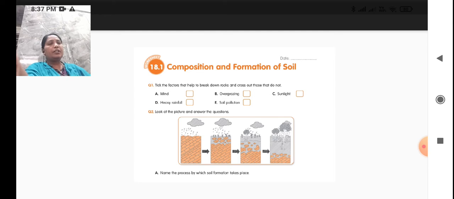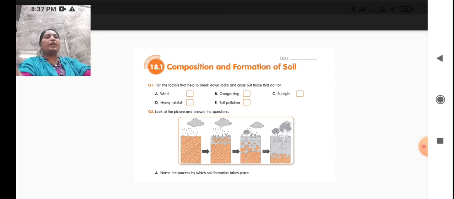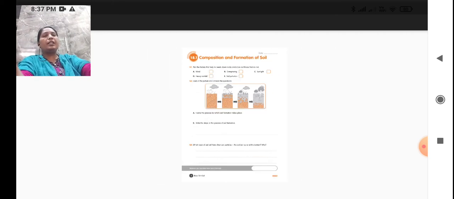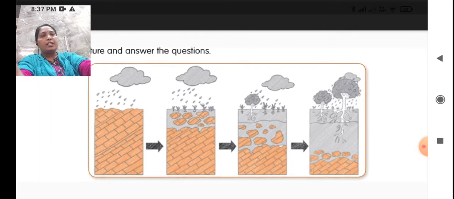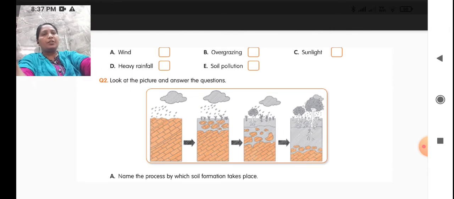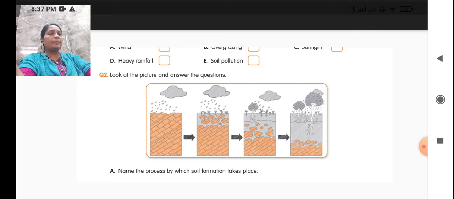Now you see the next picture. Look at the picture and answer the questions. I will enlarge this picture for you. In the first picture you can see the clouds and the rainfall, and it's falling on the rocks. In the second picture, due to rainfall, the rocks got some cracks in them.